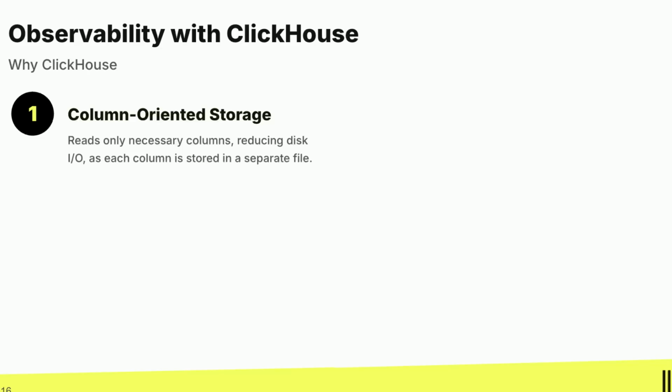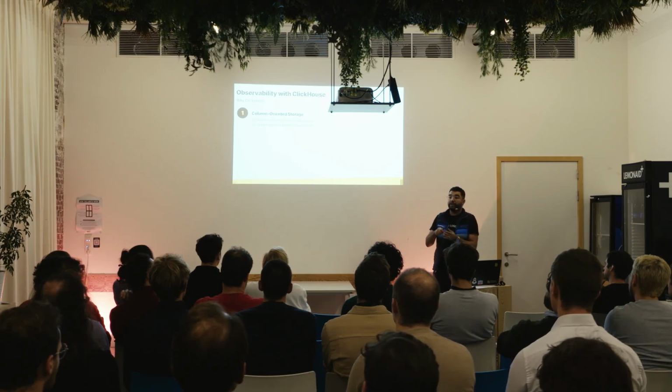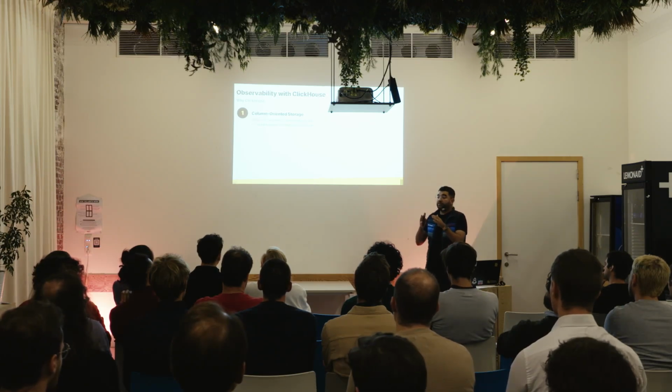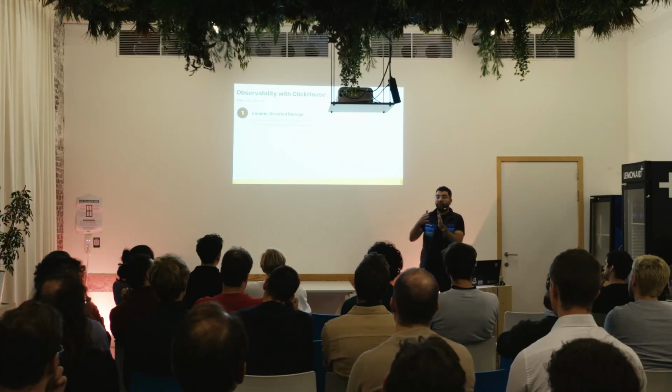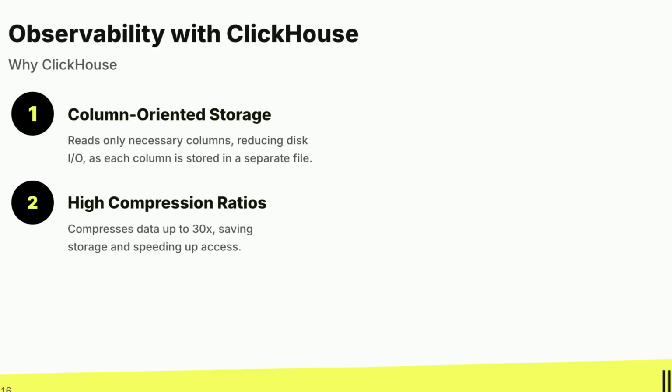Saying that, we can ask ourselves why ClickHouse fits very well with this observability use case. The first reason is that ClickHouse has column-oriented storage. Each column is stored in a separate file, so when we have an analytics query, we can really reduce our disk I/O by reading only these columns from a big table. The second argument is that we have a high compression ratio.